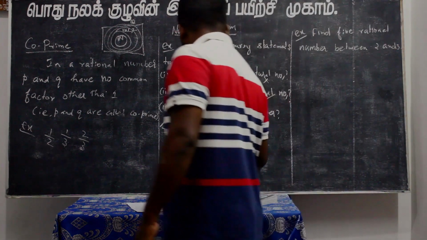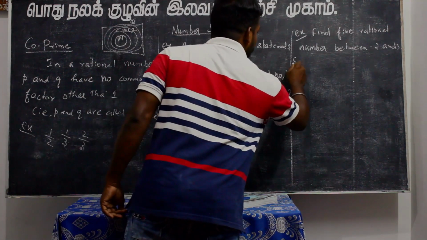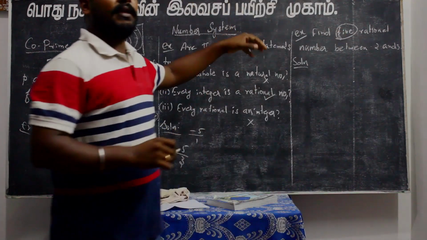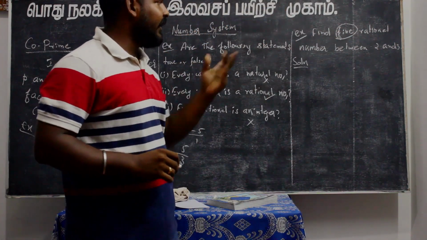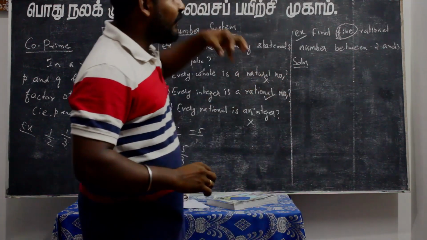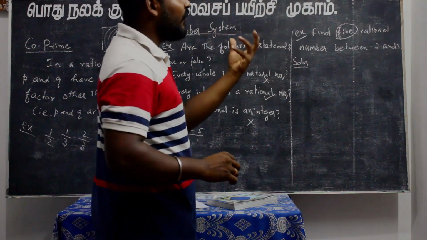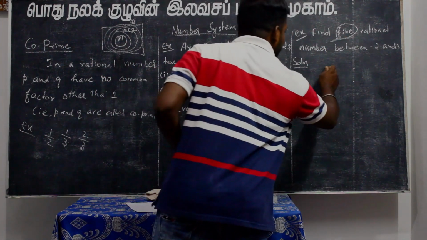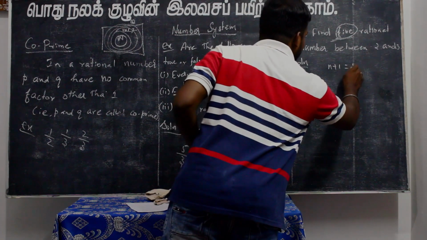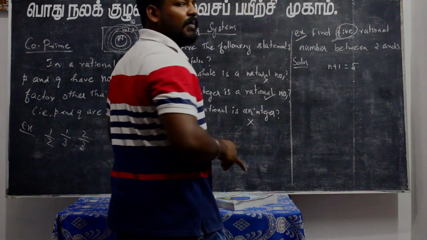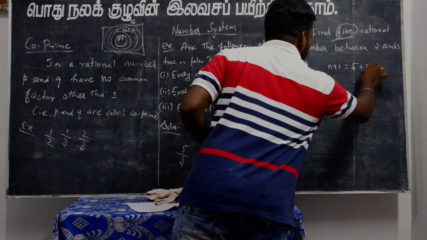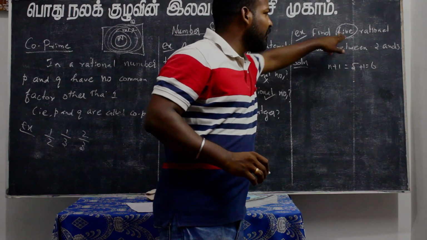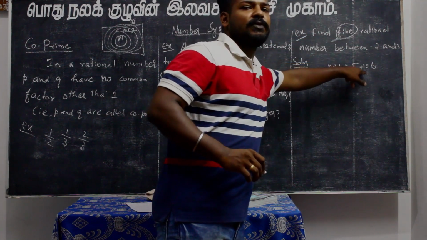Here we want to find how many rational numbers is important. Say we want to find 5 rational numbers between 2 and 3. First we choose the denominator. If 5 is given, we add 1, so n plus 1, where n is how many rational numbers we want to find. 5 plus 1 is 6. So if you want to find 6 rational numbers, n plus 1, 6 plus 1, you will get 7.